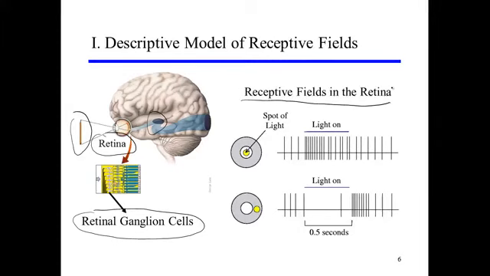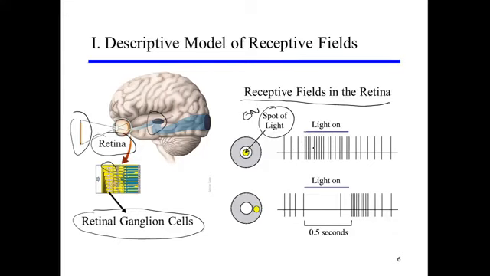So how would you do that? Well, you could try to flash spots of light that are circular, as shown by the yellow circle here, at different locations on the retina. And what you'll find is that for any particular cell that you're recording from, let's say this particular cell over here, you might find that the cell only responds when you turn on a spot of light in this particular location, and that generates a robust response, as shown by these spikes over here.